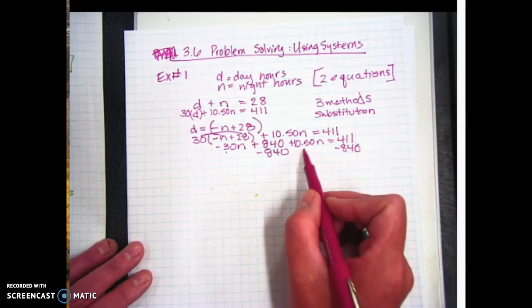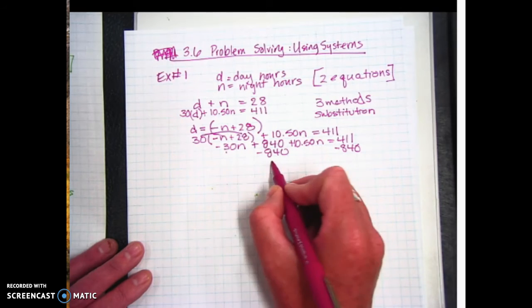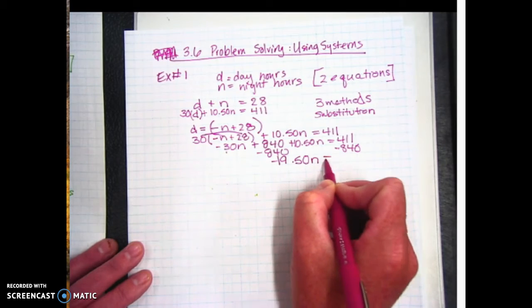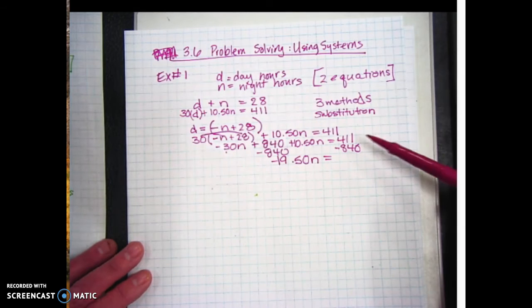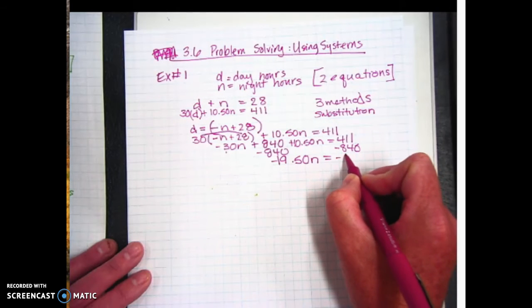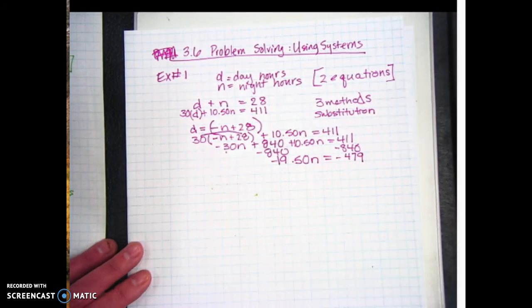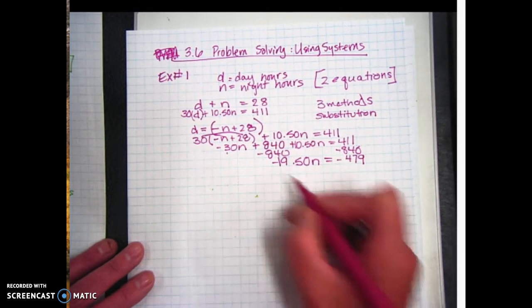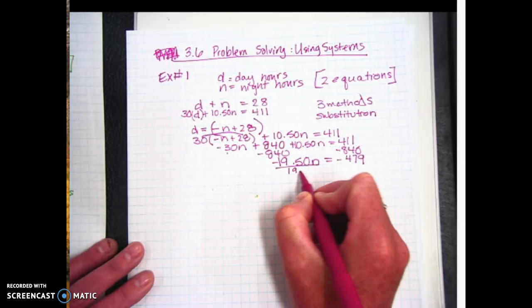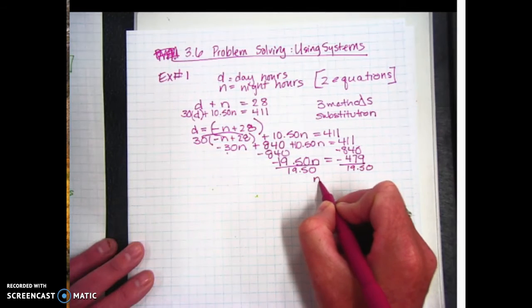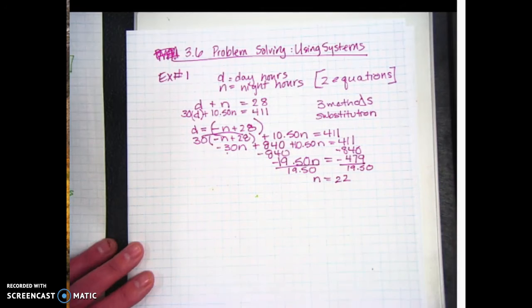If you take negative 30 minus or plus 1050, you should get negative 19.50N equal, and then with your calculator, you're going to go 411 minus 840. I got negative 429. So if they're both negative, that's good because then it's going to turn out positive, right? Okay, divide both sides by 19.50. And it goes in there 22 times.